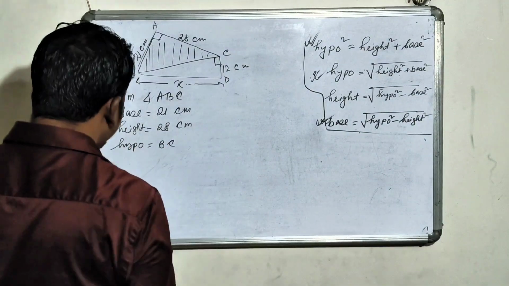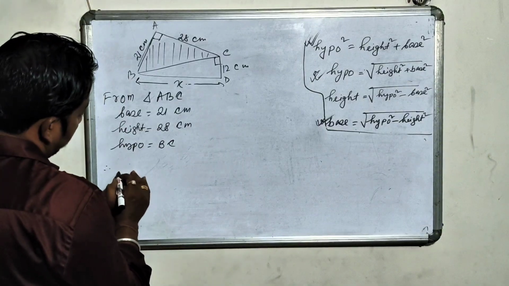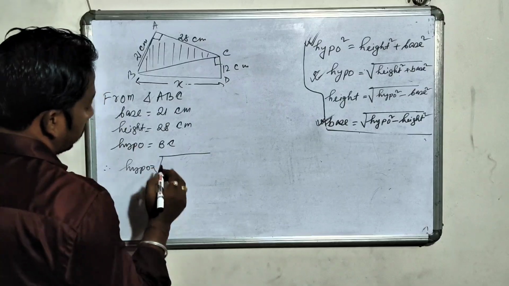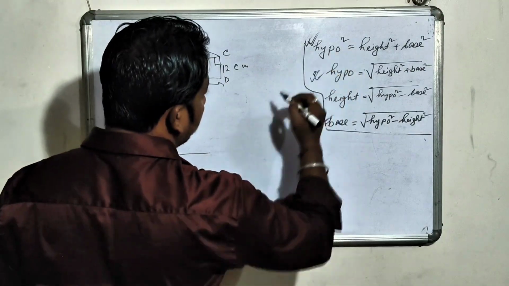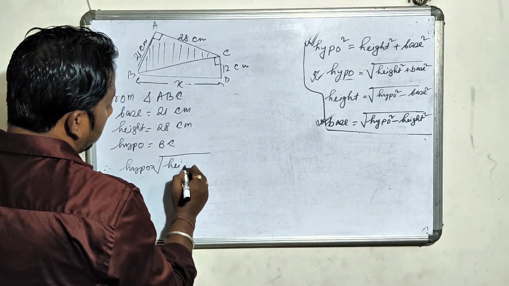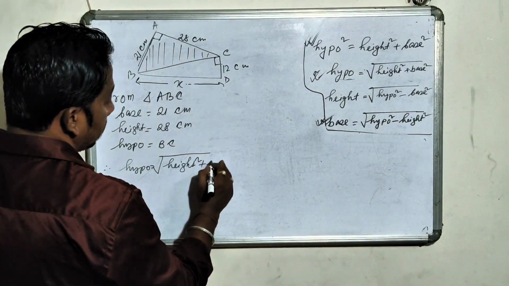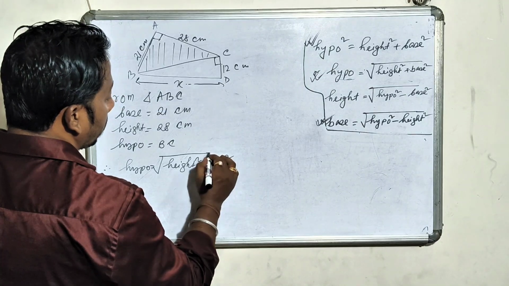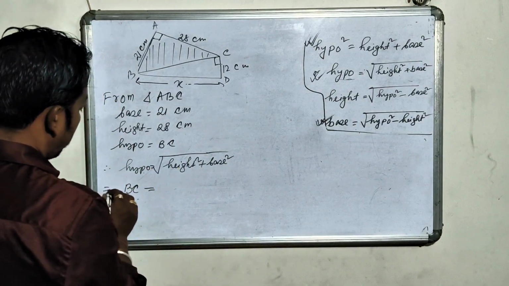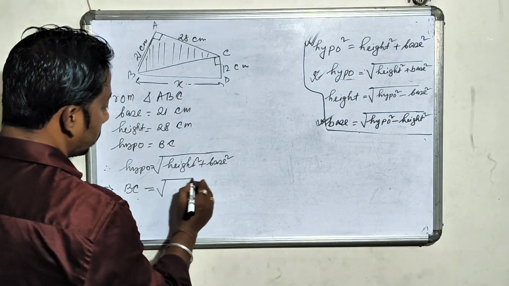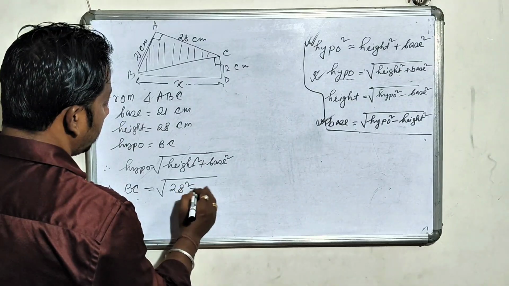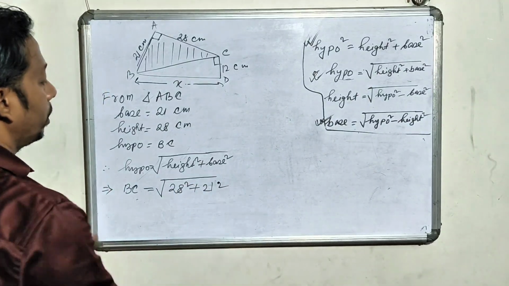Therefore, from the law of Pythagoras theorem, hypo square equals height square plus base square, hypo means BC, so BC equals root of 28 square plus 21 square.